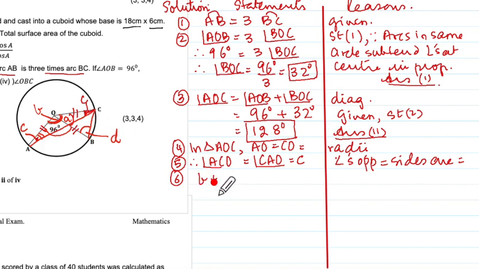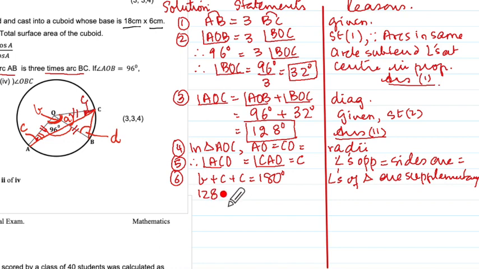You can write it as B plus C plus C equal to 180 degrees, provided you mention which angle is B and which is C. Angles of the triangle are supplementary, that's the reason. Now your B is 128, plus 2C is equal to 180 degrees, and this is from statement 3.